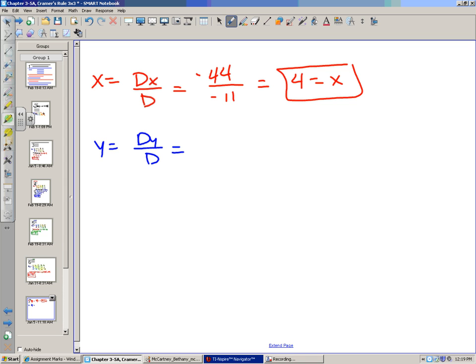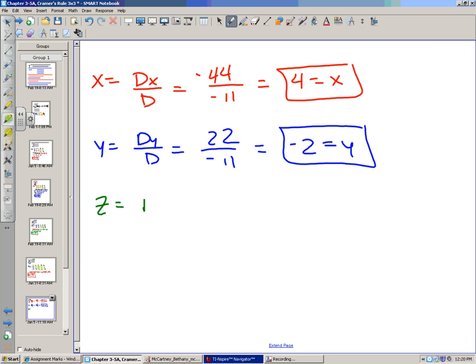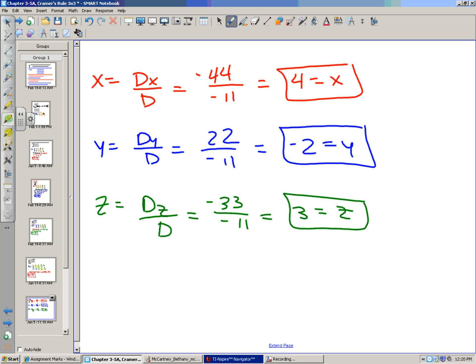What's dy? Over d, which is negative 11, to give you negative 2 as your y. And z is dz over d. What's dz? Over negative 11, which gives you 3 as your z. So now, what's my POI? 4, negative 2, 3.